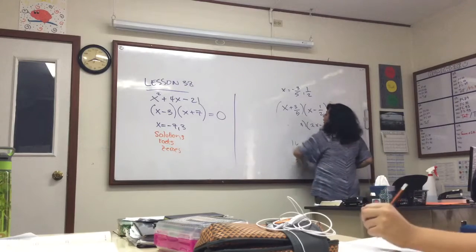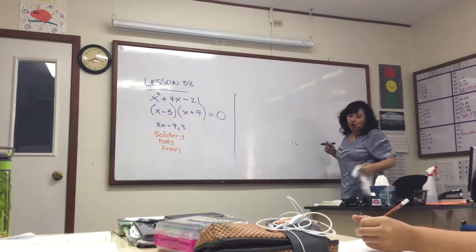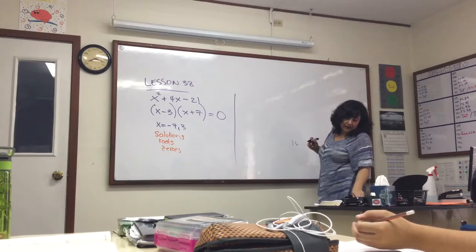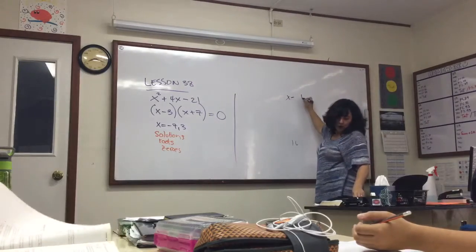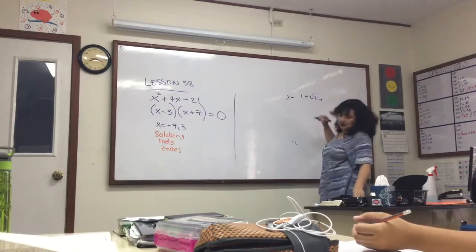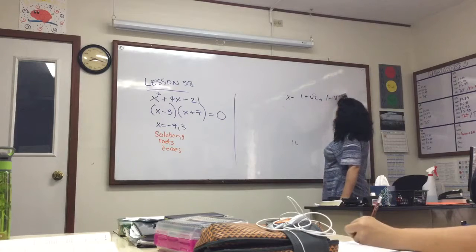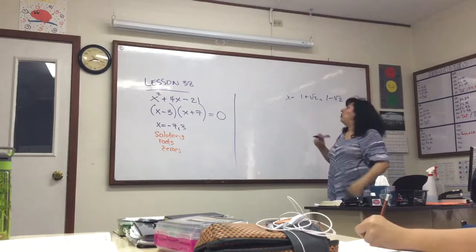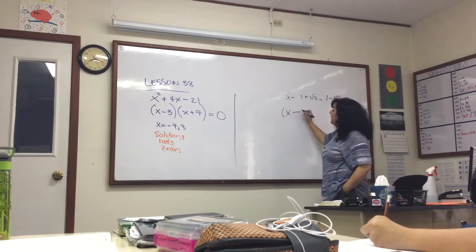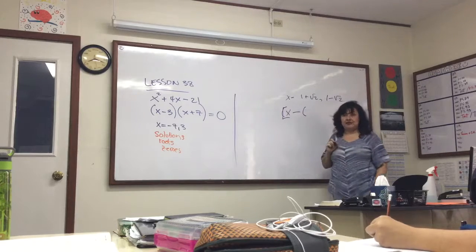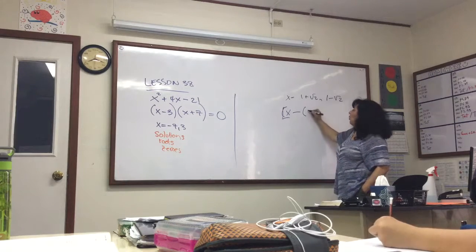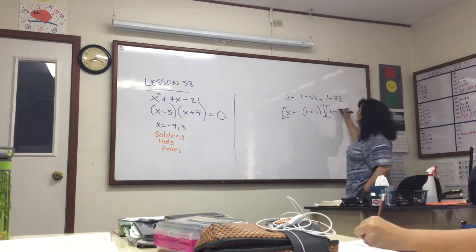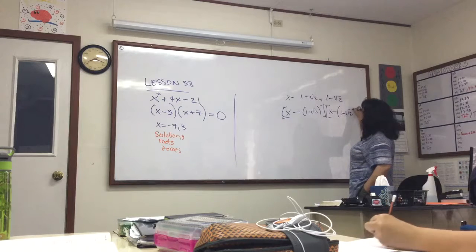Now, what if they give you something just a little bit longer, like this? The roots are 1 plus square root of 2 and 1 minus the square root of 2. The same exact thing, except you're careful and you put x minus and open parentheses, the whole thing, 1 plus square root of 2, times x minus 1 minus square root of 2.